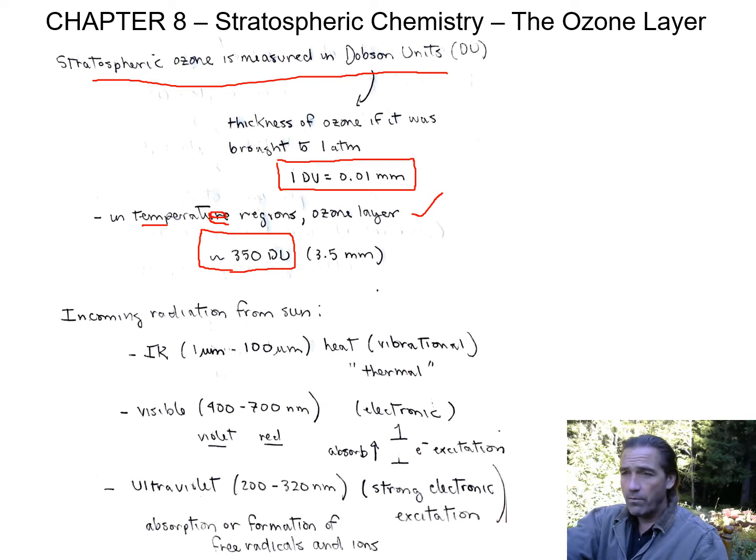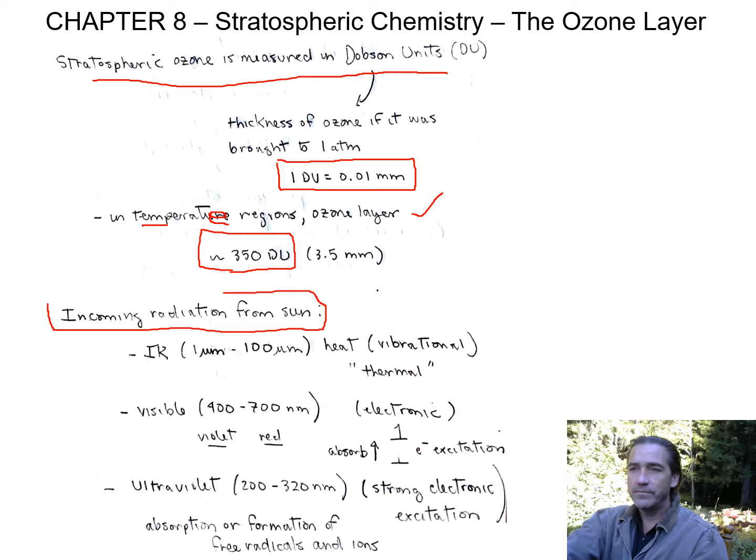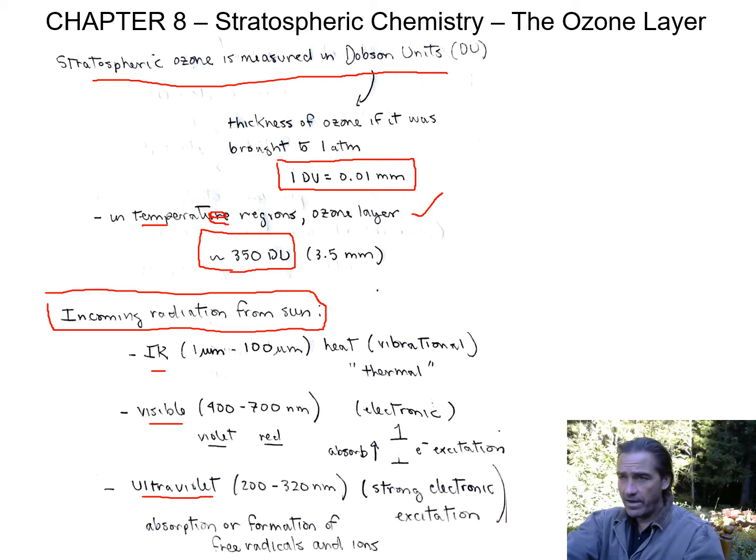So what we have are different types of radiation coming from the sun. We have our IR, this is our thermal radiation. We have our visible, and we have our ultraviolet. We've already delved into what these types of radiation do to gaseous molecules. We know that IR causes the bonds in these molecules to vibrate.